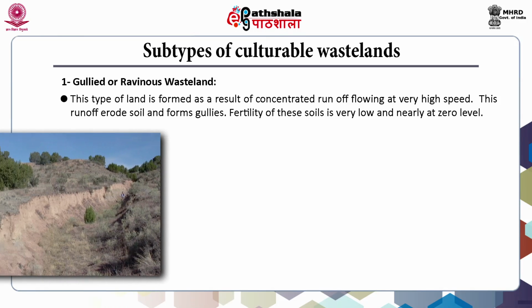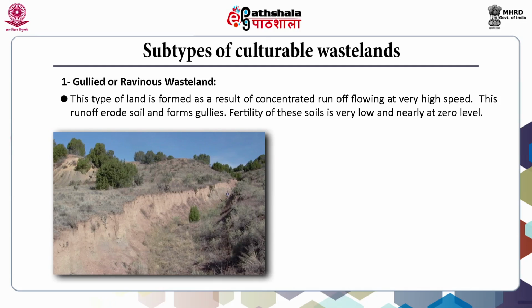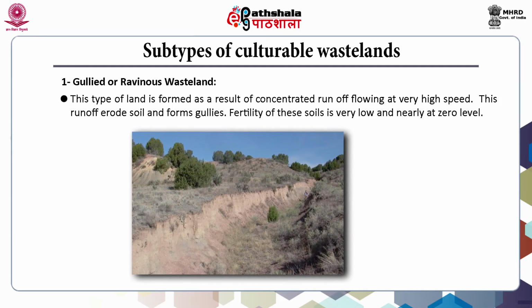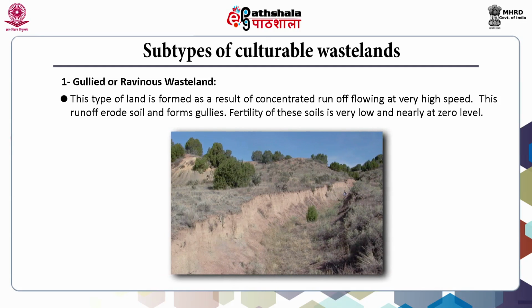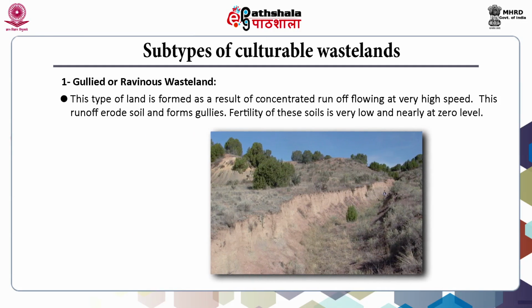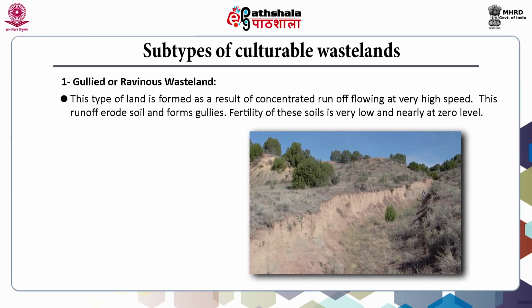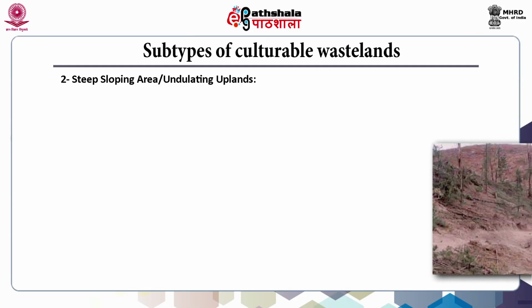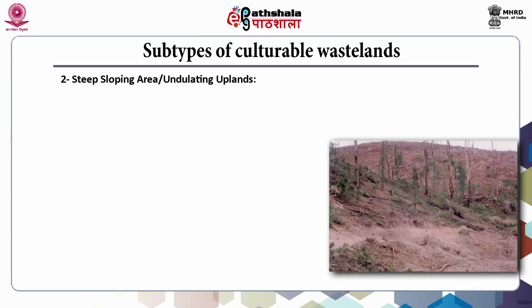Gullied or ravinous wasteland. This type of land is formed as a result of concentrated runoff flowing at very high speed. This runoff erodes soil and forms gullies. Fertility of these soils is very low and nearly zero level, as can be seen in the picture. Steep sloping area or undulating uplands.